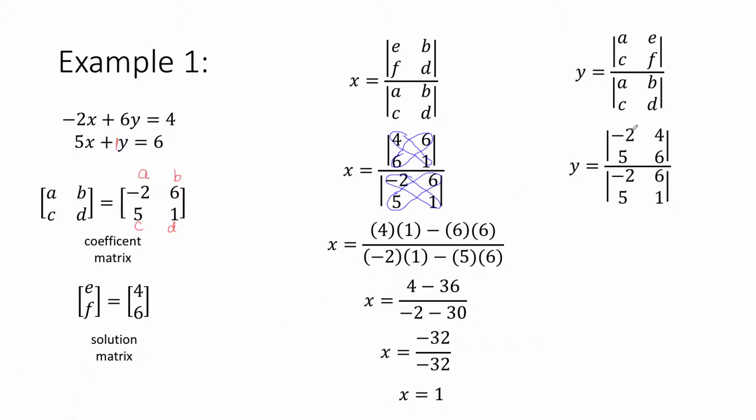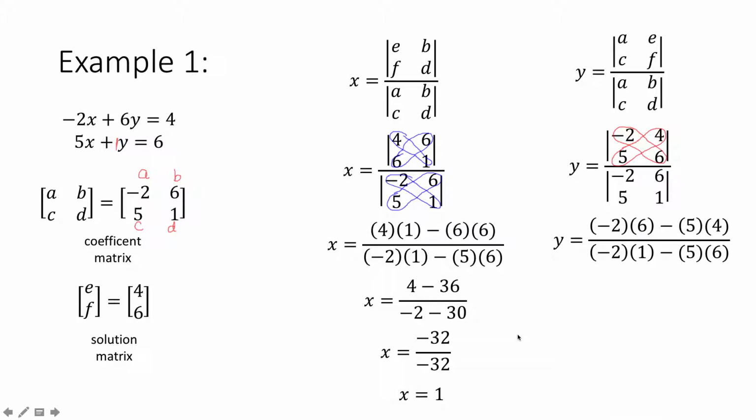You find the determinant by cross multiplying and subtracting. So I will cross multiply the -2 times 6 and then subtract 5 times 4.